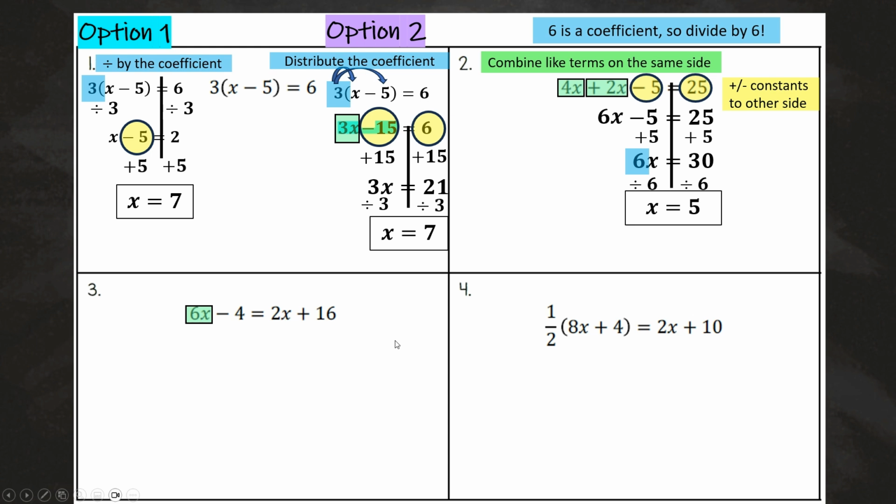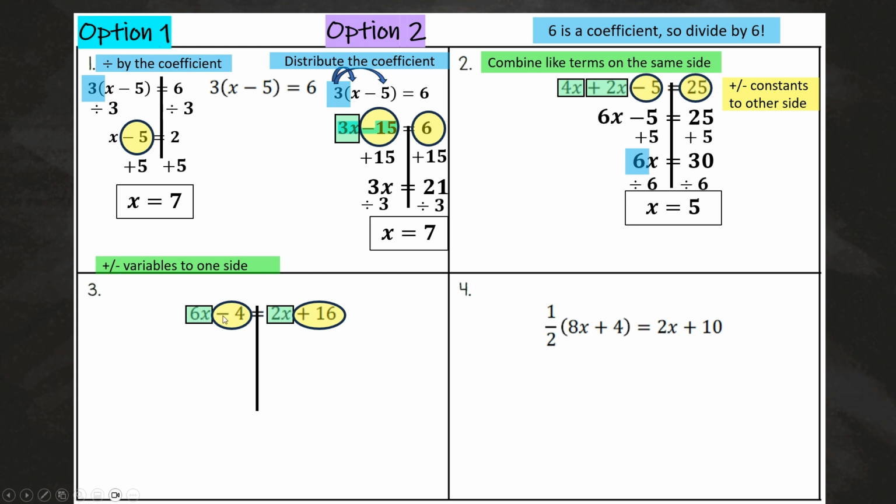Question number 3, I have 6x minus 4 equals 2x plus 16. Again, here's that line indicating there is a separation between these terms. So I cannot combine like terms across the equal sign. So I must use addition or subtraction to move the variables to one side.